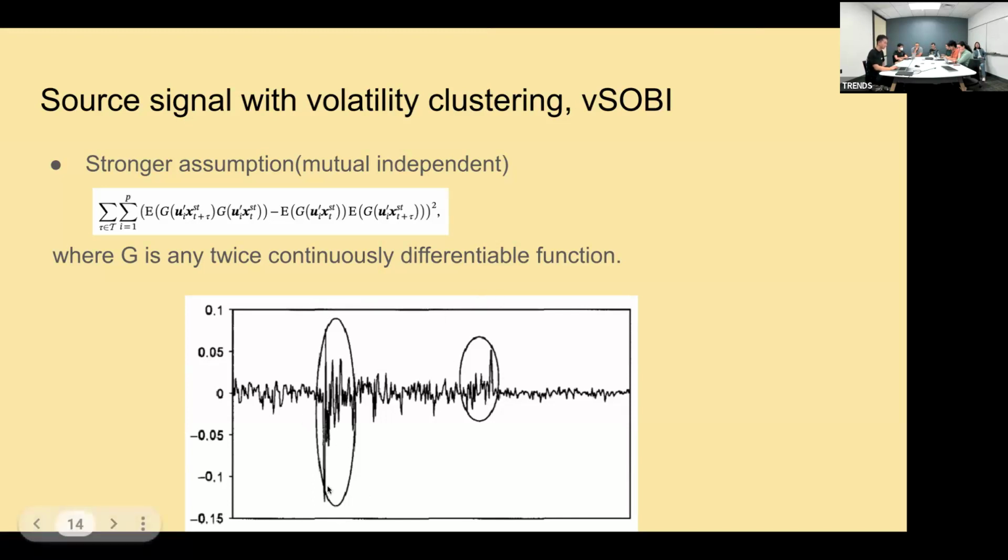This one is trying to solve the clustered problem, but I don't have access to this paper. I didn't go through the details, but from the reviews they did not mention whether the performance really improved or not. They're trying to make a continuous differentiable function to do the transformation of this.